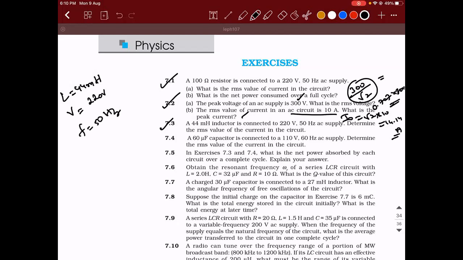Frequency is equal to 50 hertz. First, you should find angular frequency.